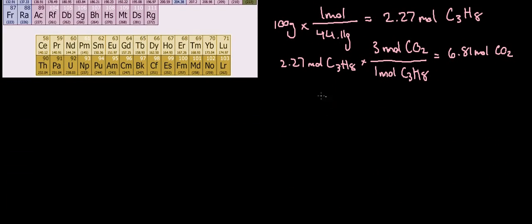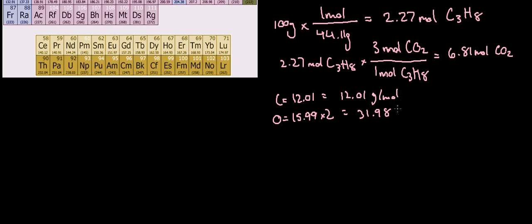So now that I have the moles of CO2, I can figure out CO2's molar mass. It's 12.01, oxygen is 15.99, and there are 2 of them. 12.01, 15.99 times 2 is 31.98. Tally these up, and this gives 43.99.